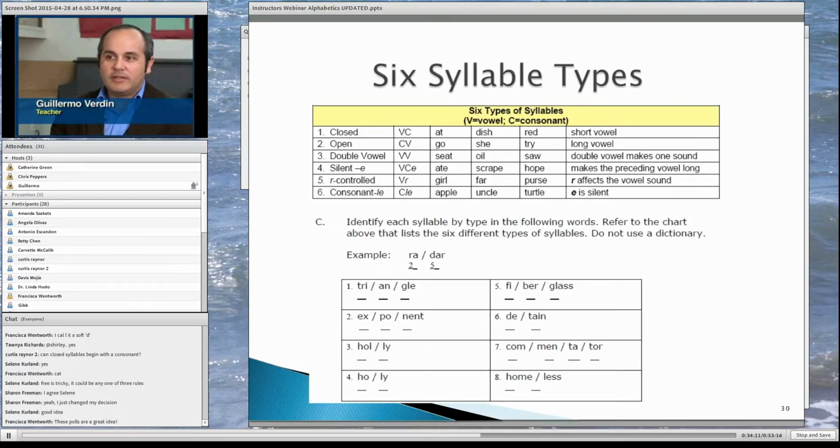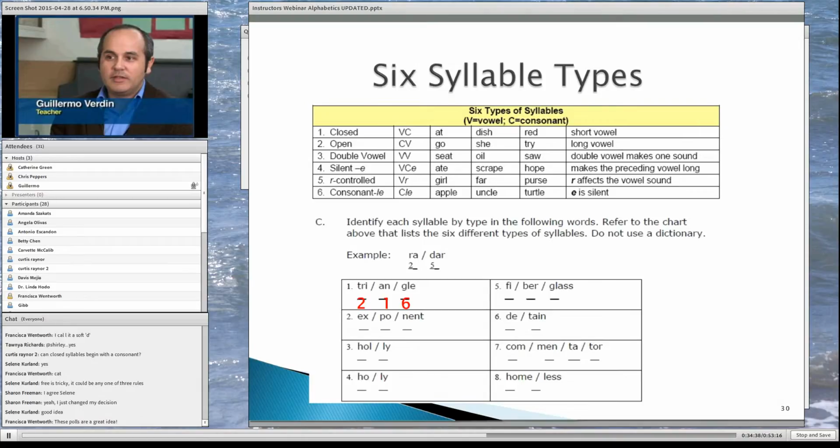This slide is animated, so I'm going to show you the responses. Triangle. That word is made up of three parts, and it's an open syllable, a closed syllable, and the consonant LE. Again, if our students are familiar with these syllable types, it'll help them decode the word.